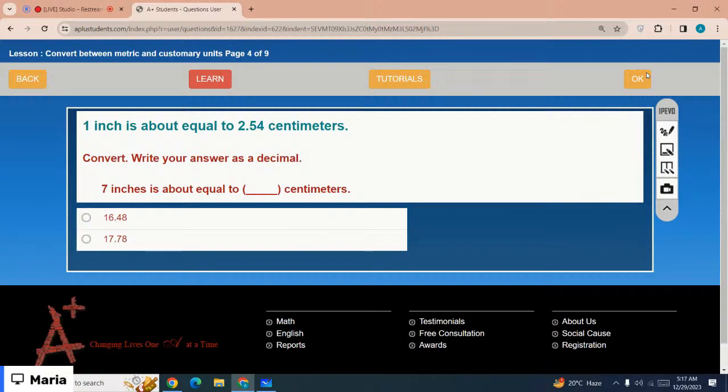So 7 times 2.54 equals 17.78. The correct option is 17.78.